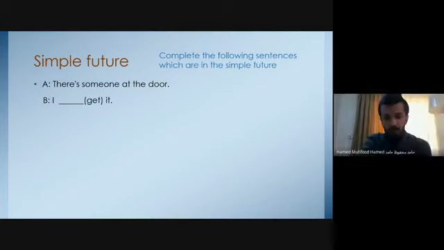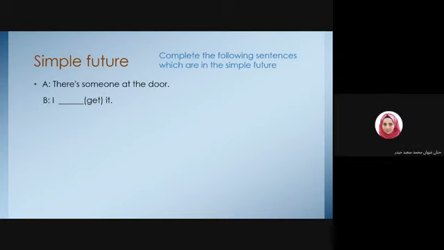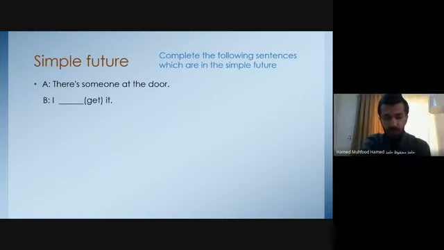So do you think that the root form of the verb get is got? No. I will get it. This is in the root form. Yes, so the answer is I will get it, right? Because it's already put in the root form. So I will get it. We only add will here.